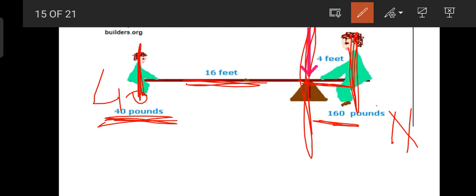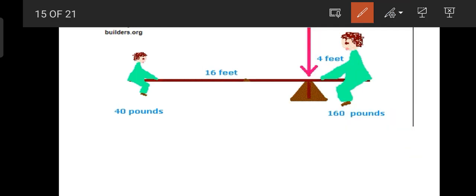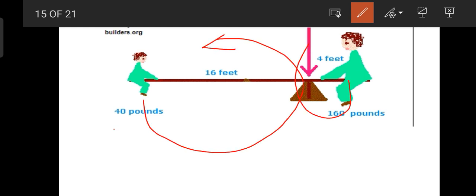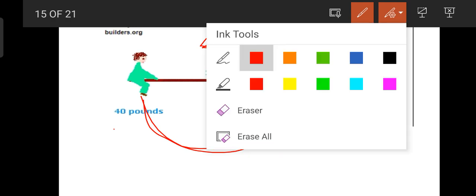So in this case will equilibrium happen? Yes. How? This is anti-clockwise and this is clockwise. Remember that.